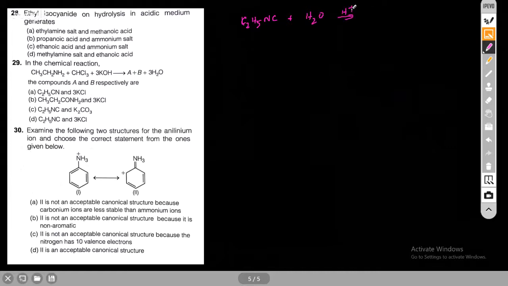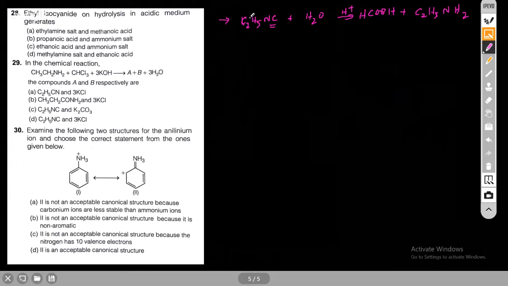So in this reaction, first of all, we'll get carboxylic acid, which is HCOOH, and then we are getting amine, C2H5NH2. This will convert into acid, and this will form an amine over here, that is ethylamine. I have done this reaction in the class.